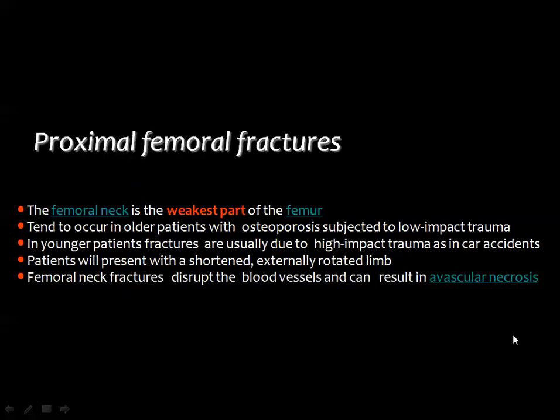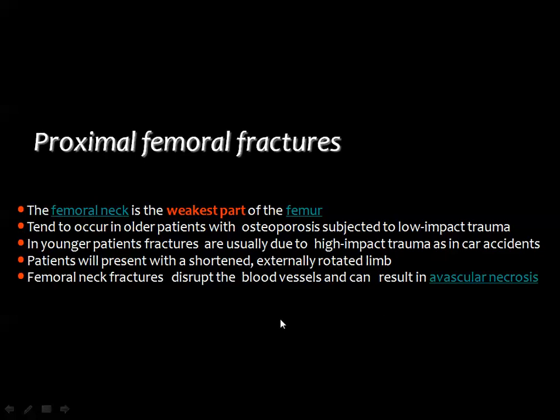Then we came to the proximal femoral fractures, and it is known that the femoral neck is the weakest part of the femur, and this type of fracture tends to occur in old patients, similar to the fracture of the proximal part of the humerus. And these patients are usually osteoporotic.